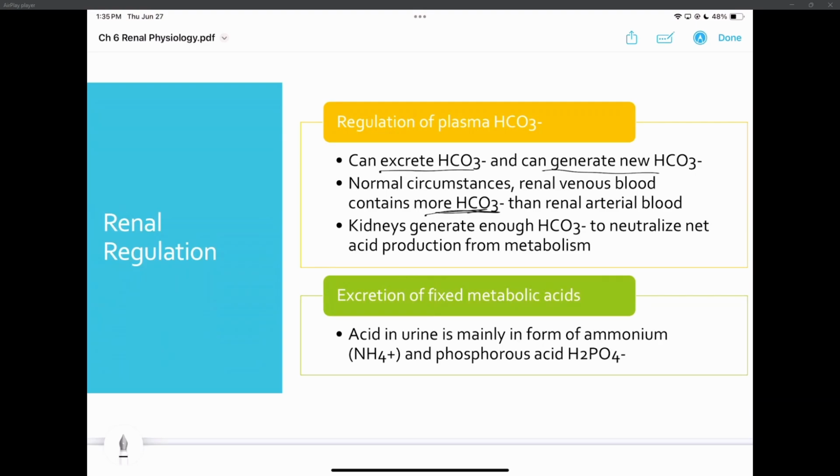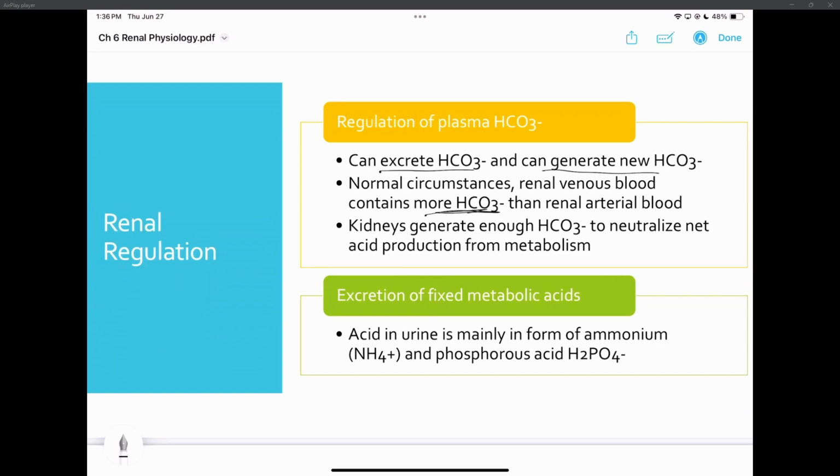Why is the venous side going to have more bicarb than the arterial end going into the kidneys? The kidney can make its own. The kidney is right in the middle, making its own bicarb. That's why there's more bicarb on the venous side of the renal system. It's going to go into the bloodstream.